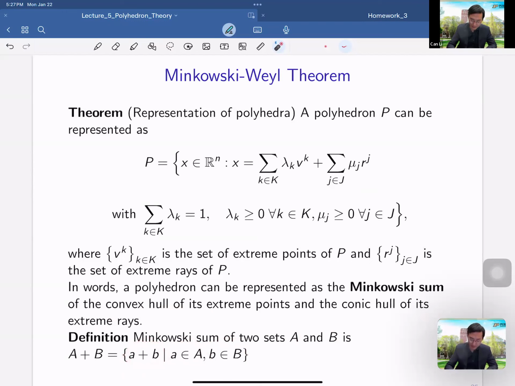So this set is formed by picking any of the points in A, any of the points in B, and taking their sum, right? This is essentially what we have here: the first part is a convex hull of the extreme points, and the second part is a conic hull of all the extreme rays. Okay. Is this theorem clear for people?